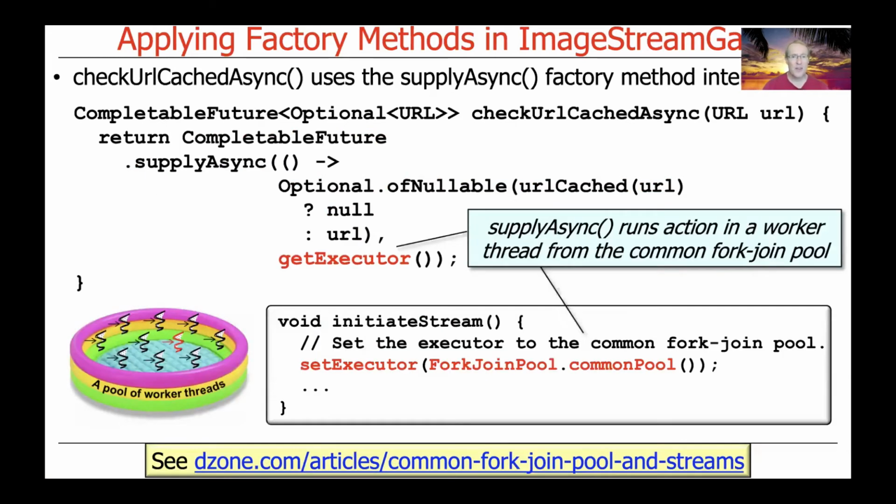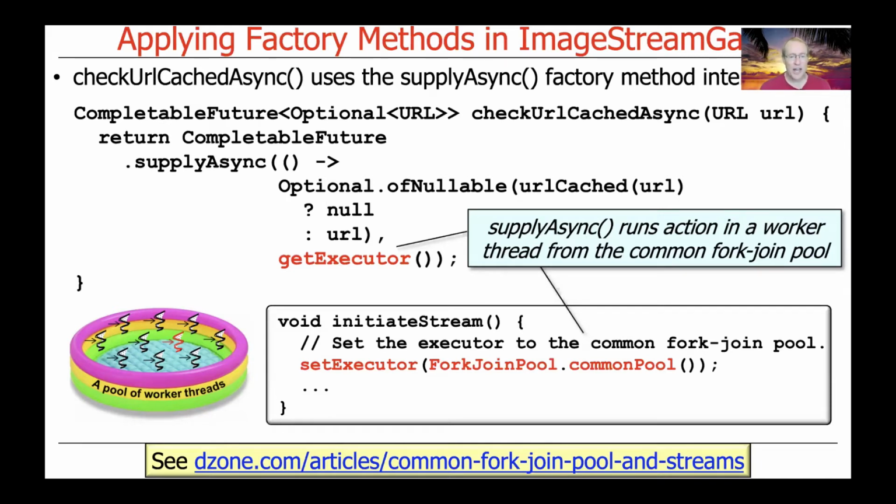Now, the way I do this, just to leave myself some room for changing my mind later, is I have a method called getExecutor, which itself is a factory method. And users can override that method to provide different thread pools for use in processing all these asynchronous computations.